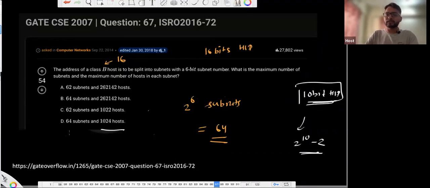But anyway, we know the concept. It should be 64 subnets because you have taken 6 bits from the host ID for the subnet number. You can have 2 power 10 total IP addresses, but from there you need 2 addresses, one for the network ID and another for the broadcast address. That's why I need to subtract 2.